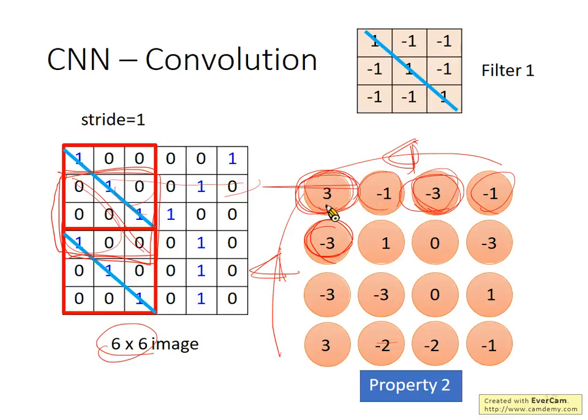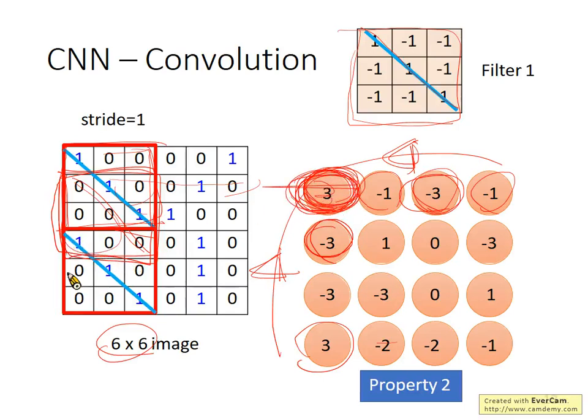Let's check the large results here and here. At the left top corner, the pattern is exactly the same as our filter. Our first filter is used to detect the diagonal pattern, and the left top corner has such a pattern, so we see a large filter response, that's 3.